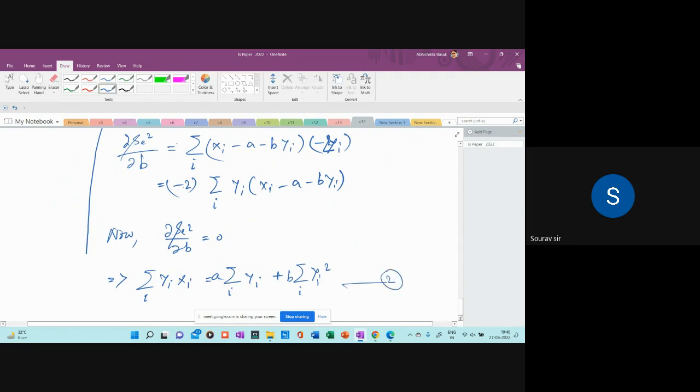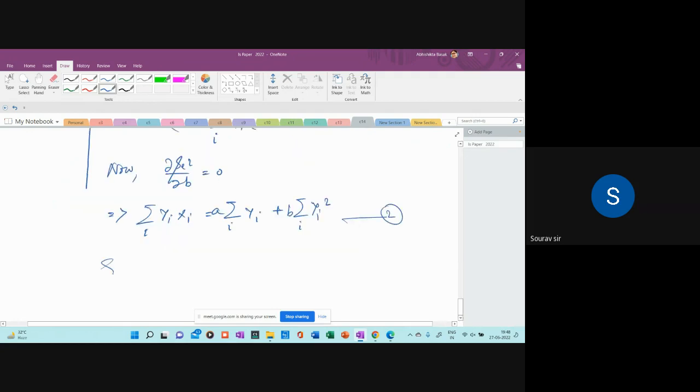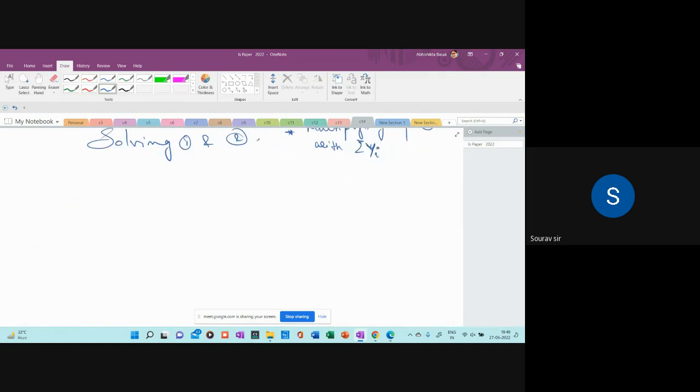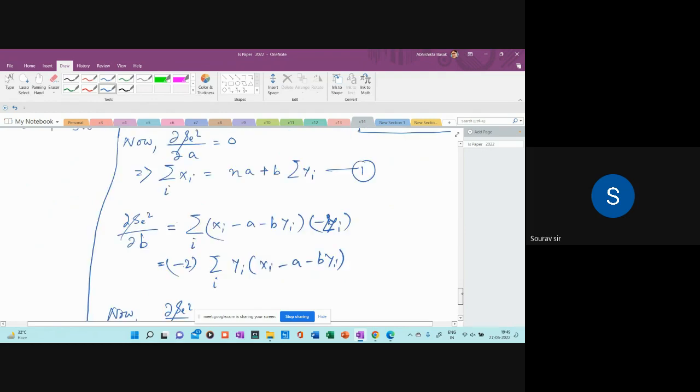So let's solve equations 1 and 2. How to solve 1 and 2? The trick we are using is multiplying equation 1 with summation yi. What was my equation 1?